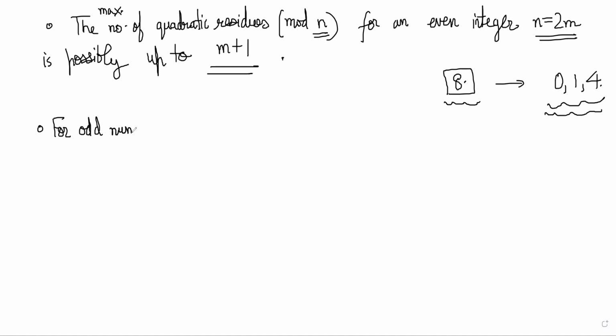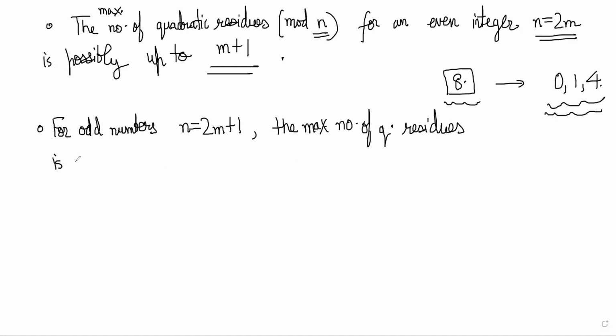For odd numbers where n is equal to 2m plus 1, the maximum number of quadratic residues is again m plus 1. So in both the cases, for even or odd numbers, the maximum number of residues is m plus 1. However, in this case, you can write it as m plus 1 is technically n plus 1 by 2, right?